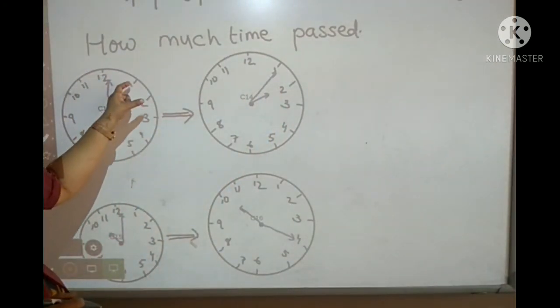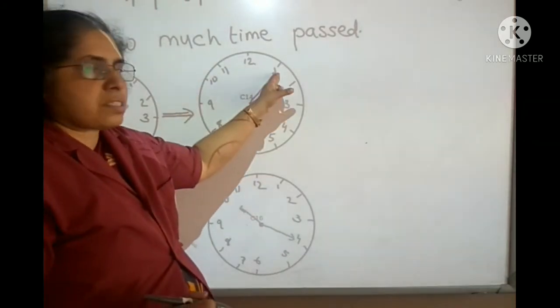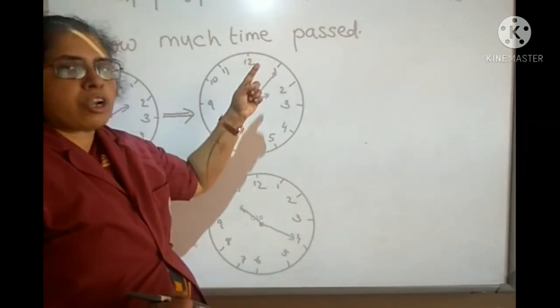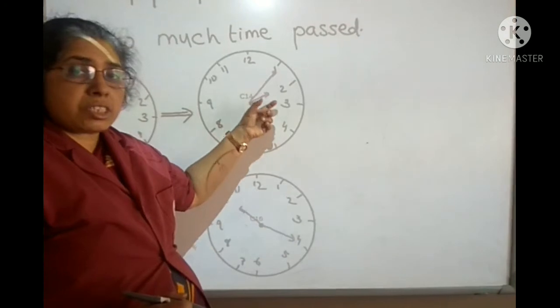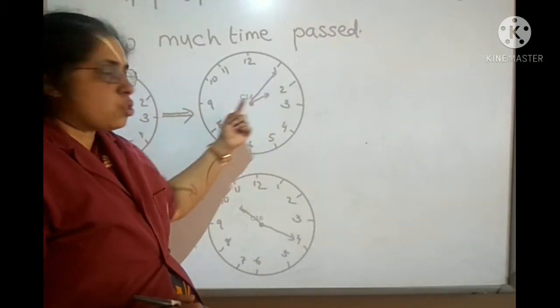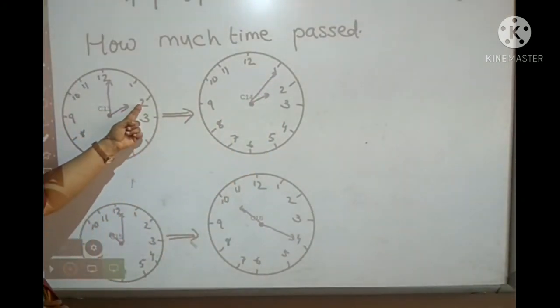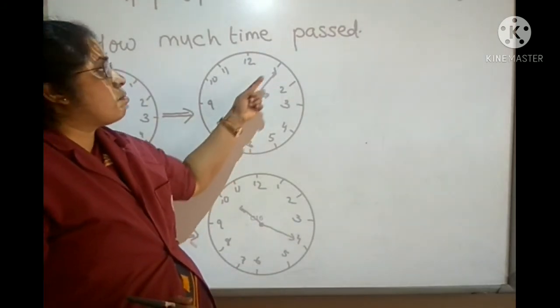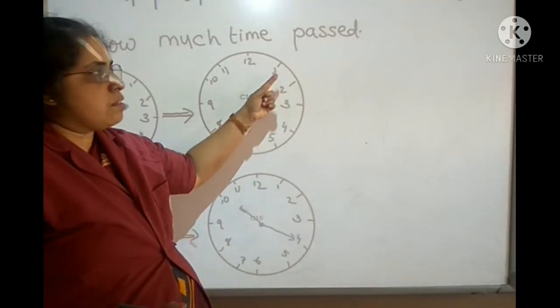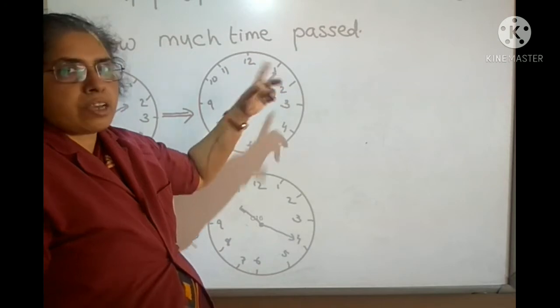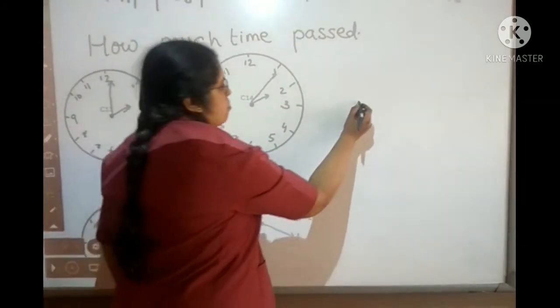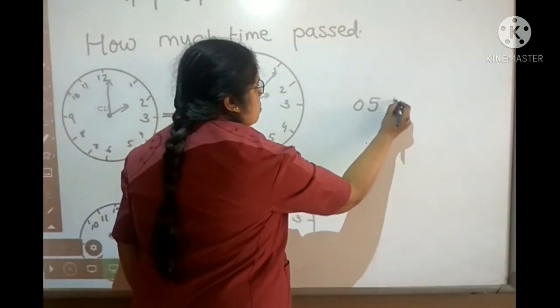From 12 to 1, how many minutes pass? Here also the hour hand is on 2 and the minute hand has changed. That means from 12 to 1 there are 5 minutes. 5 minutes pass.